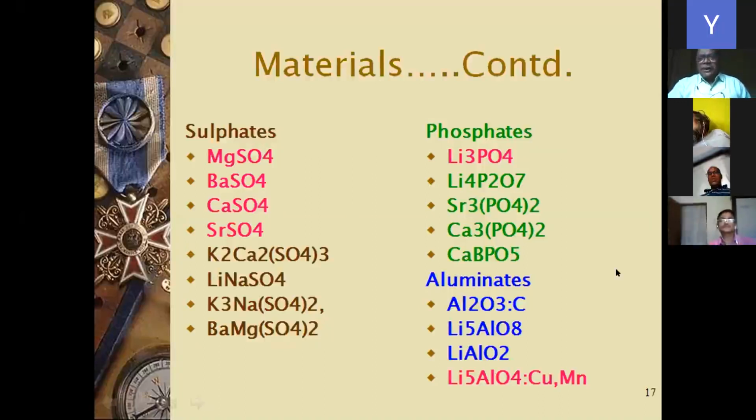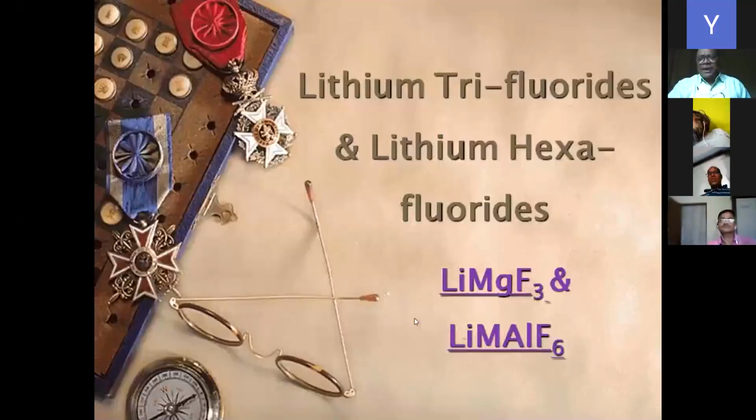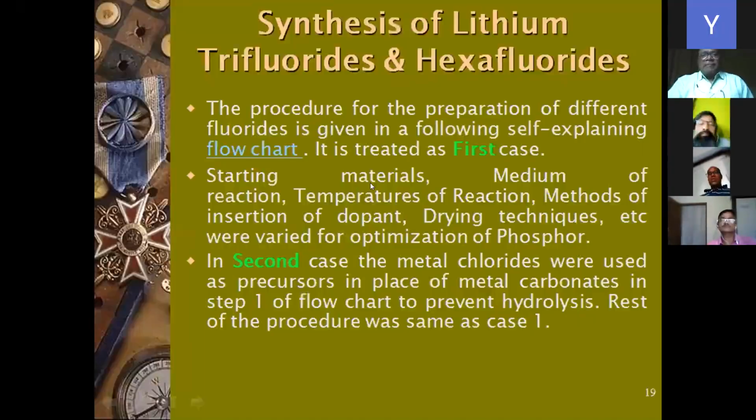So we will take only one example of Li2CaF6. The procedure for the preparation of different chlorides is given in a self-explaining flowchart. I have not given the flowchart here. The flowchart is given at the last, and it may not be getting displayed because of different reasons.